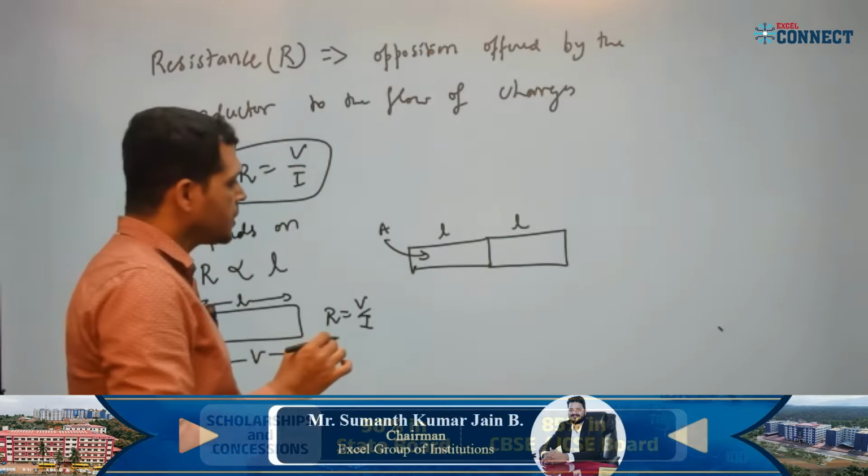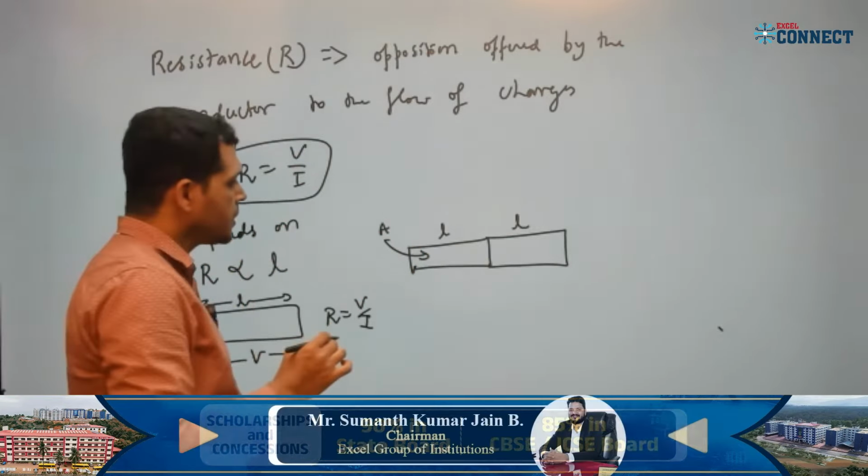Now what is the resistance here? R dash is the resistance. R dash is equal to potential difference divided by current. Now what is the potential difference here? V plus V, that is 2V, divided by current. The same current flows here. Here is the current I and here also the same current I, because it is in a series combination.